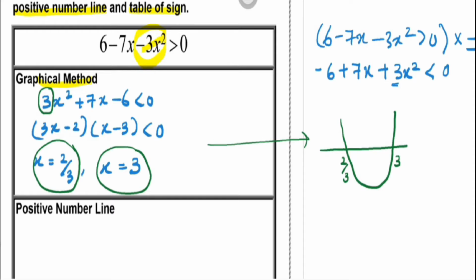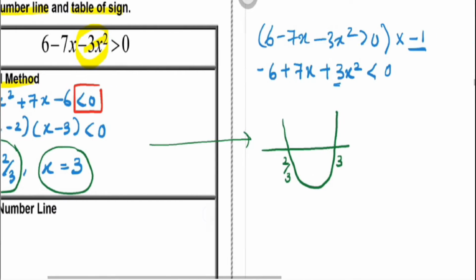Now, how to shade the region? Kita nak decide kita nak region di atas ataupun di bawah. Again, we have to look at our sign. It is less than 0. So less than 0, it means that kita perlu lorek di bawah graph. Jadi kita akan lorek di bawah sini.